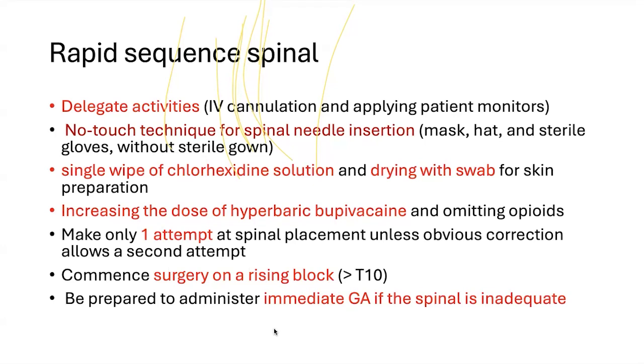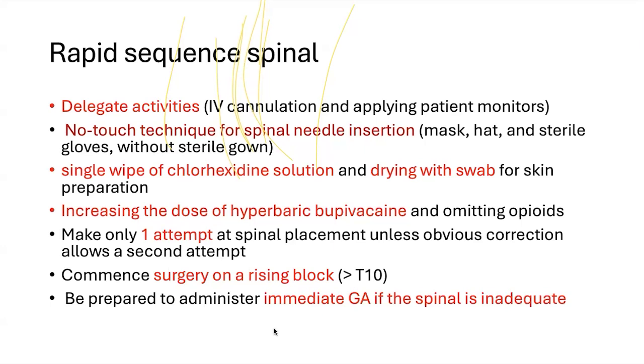It's only one attempt, and you should give a higher dose of hyperbaric bupivacaine, and you get the patient down and commence the surgery when the block is at T10 level, and the block will creep up while they are doing the section. But you have to be prepared to administer immediate GA if the spinal is inadequate.